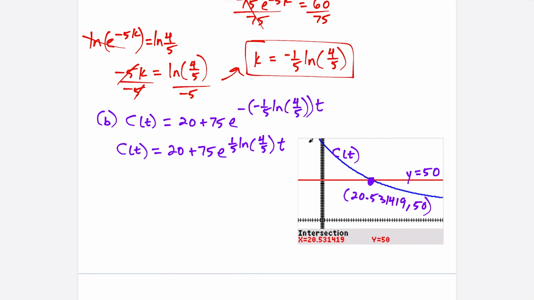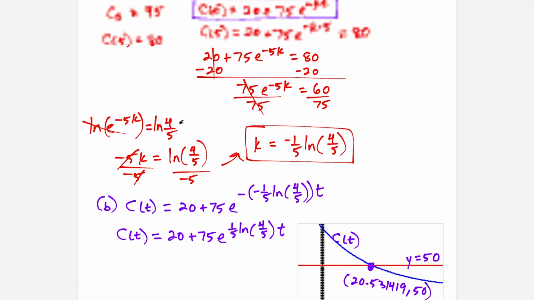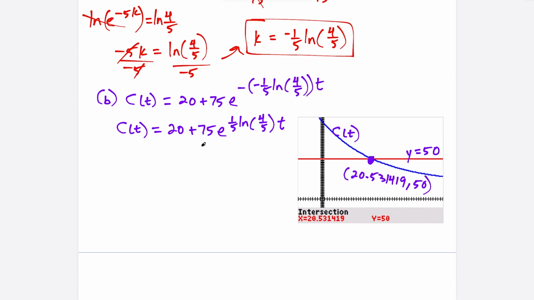And then when they ask for the solution, when is the temperature of the coffee equal to 50 degrees Celsius, and we are rounding here to the nearest hundredth, then I would just take this and round the x value, or in this case, the t value, to the nearest hundredth. So we look to the 3 in the hundredths place, to the right is a 1, so we're going to round down to 20.53. Okay, so we're saying at t equals 20.53, this is our solution to the last question.